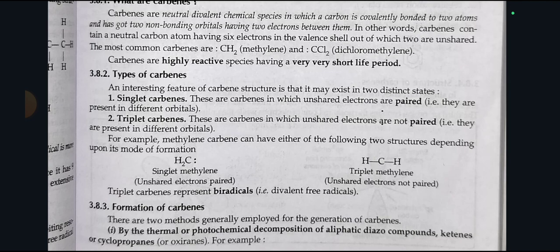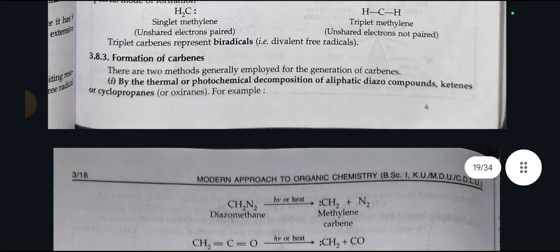For example, methylene carbene can have either of the following two structures depending upon its mode of formation: CH2 singlet methylene, unshared electrons paired; CH2 triplet methylene, unshared electrons not paired. Triplet carbenes represent biradicals, that is, divalent free radicals.